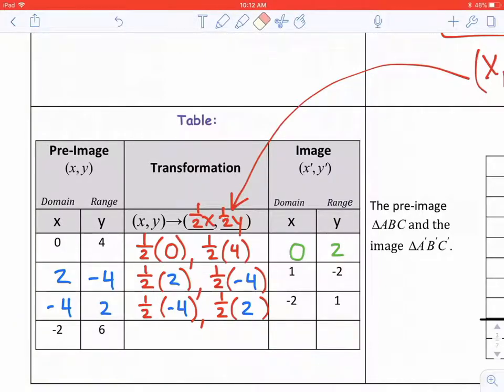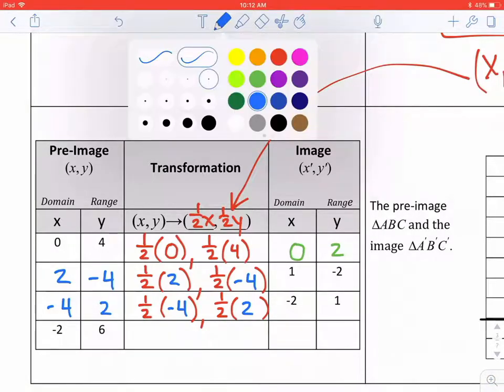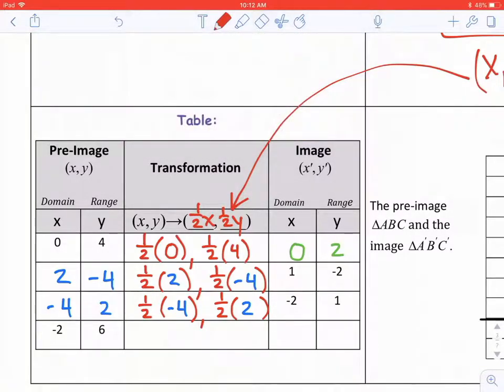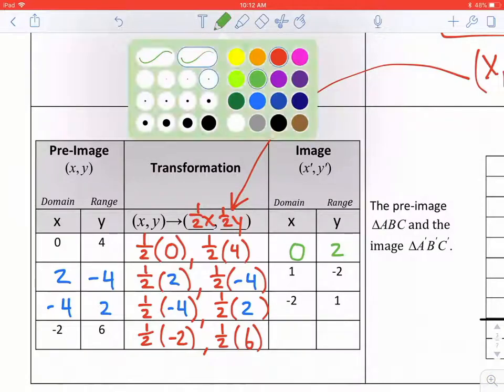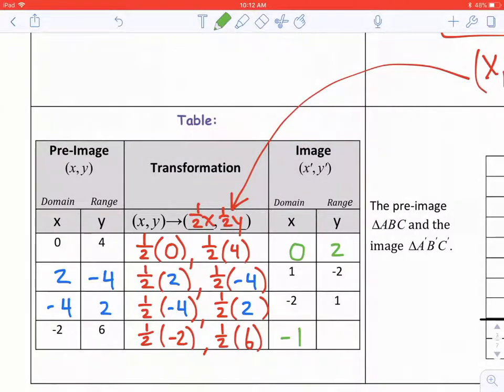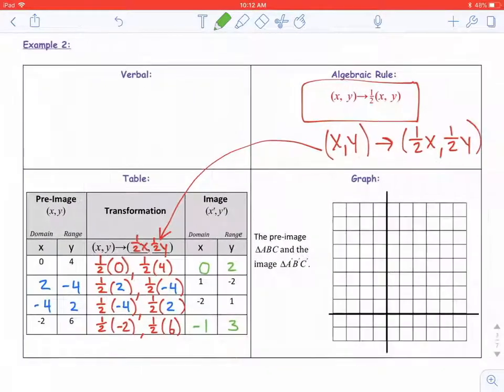So we figure out points as best we can with what we're given. So then in the last set of points, we have -2 and 6, so we just have to take half of those. So half of -2 and half of 6 is going to give us -1 and 3. So now that our table is complete, let's go ahead to the graph.